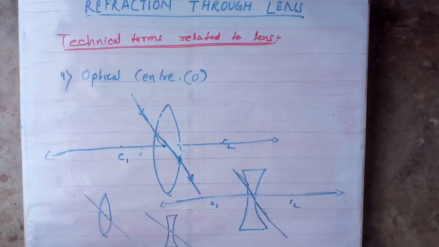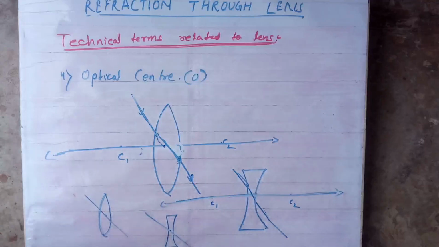Listen, in some places it is given that pole and optical center are both the same. In some books it is, but that is wrong. Pole and optical center are not the same. What is pole? Later we will discuss.